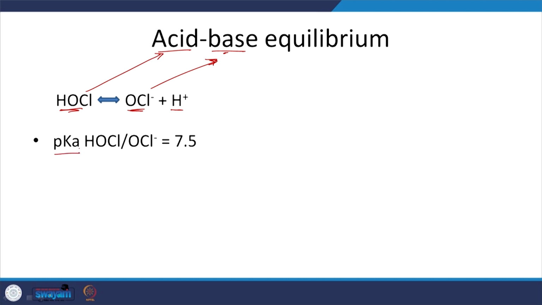The pKa, which will give me an idea about how strong the acid is or not, is called the acid dissociation constant. So that's what we have. How or where will I get that from?